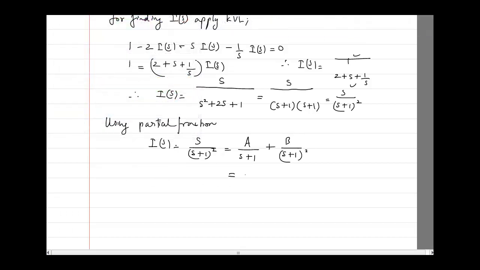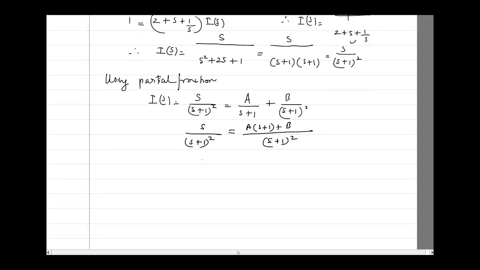So if I take a common denominator, then I have to multiply A with S plus 1 plus B, and that is going to be S divided by S plus 1 square.